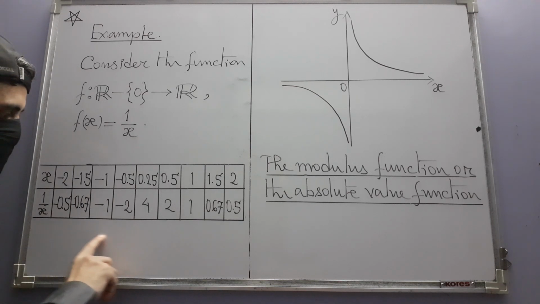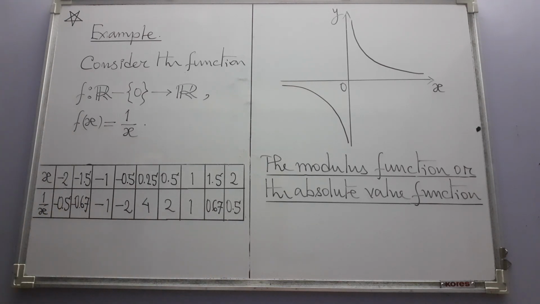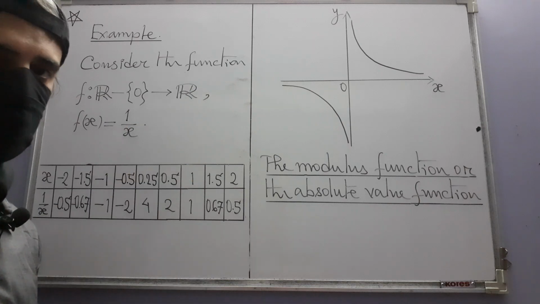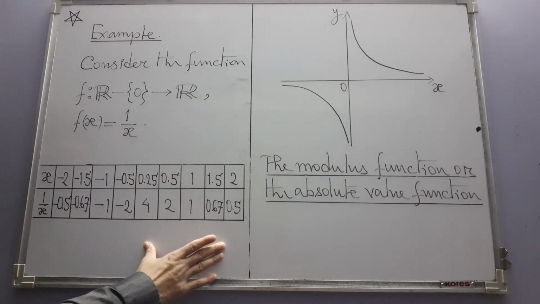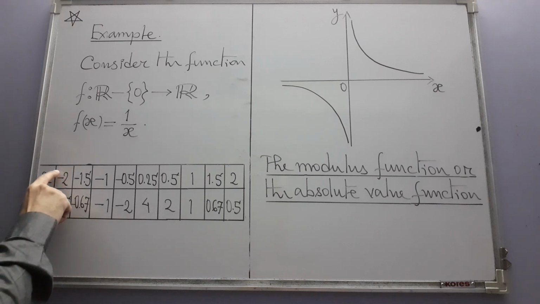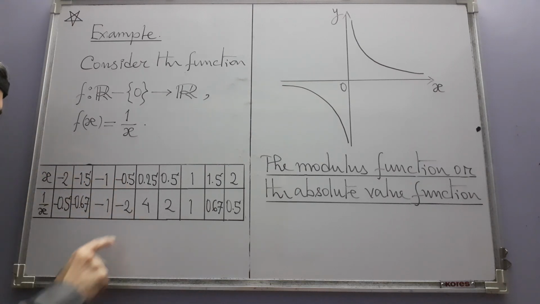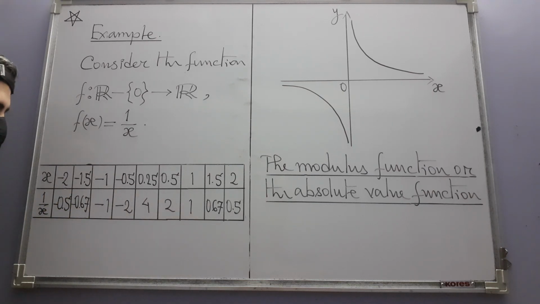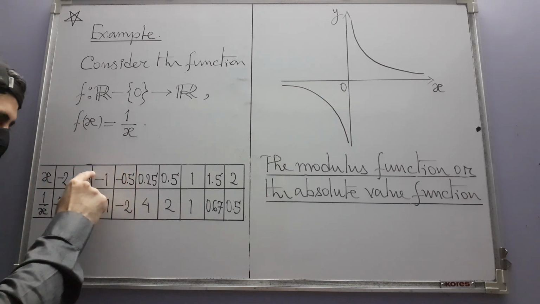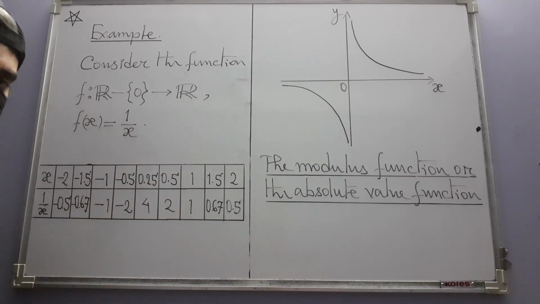One first of all looks at some function values, then plots them and then joins them, the usual stuff. The text shows this table where some negative values have been chosen, some positive values of x have been chosen, and the corresponding function values have been recorded. And again, there you won't get any 0 here because 0 has no reciprocal.